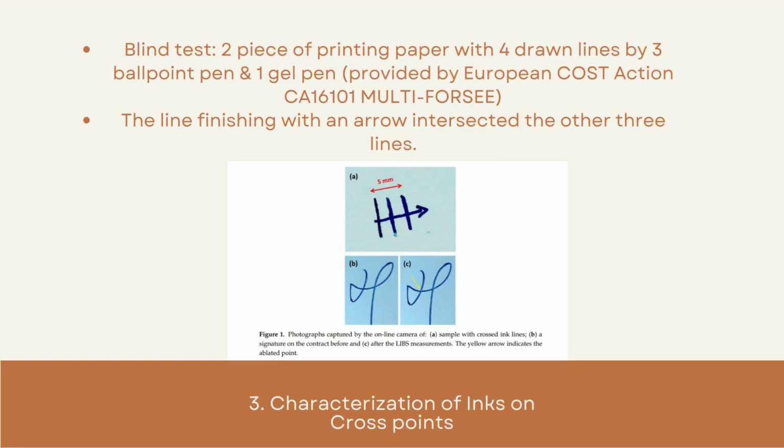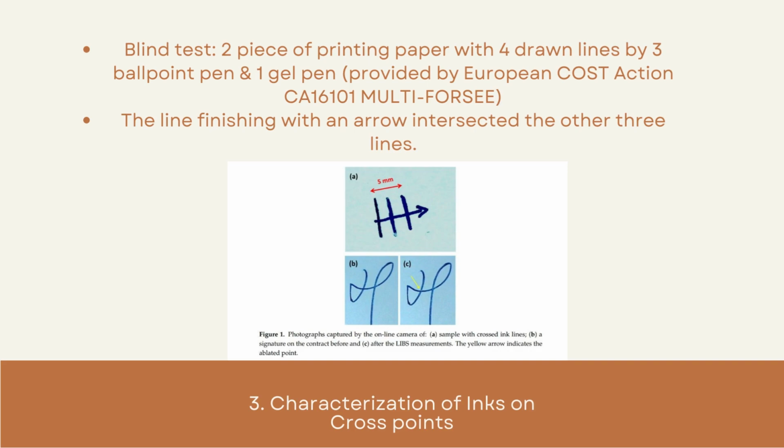In the third analysis, the blind test consisted of 2 replicates of printing paper with 4 manually drawn lines by 3 ballpoint pens and 1 gel pen, as we can see in figure 1a.